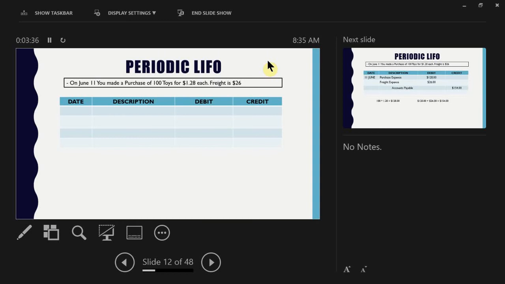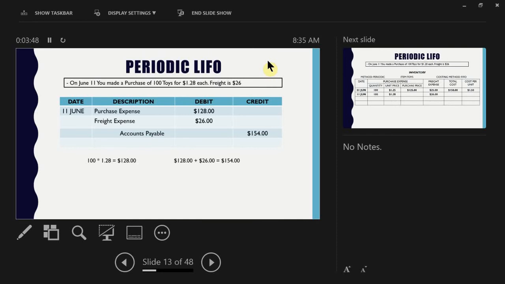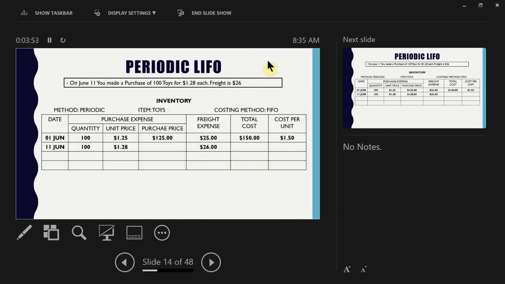Then we also had our second purchase here on June 11, where we purchased 100 toys at $1.28 plus $26 of freight. So again, purchase expense, freight expense, and a total of $154. We're going to plug those numbers into our inventory worksheet just like this. Again, we need to solve for the empty cells here.